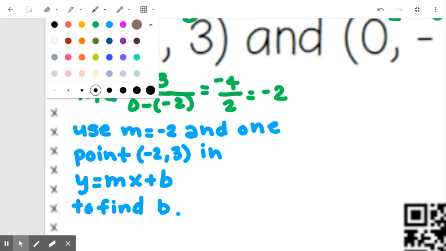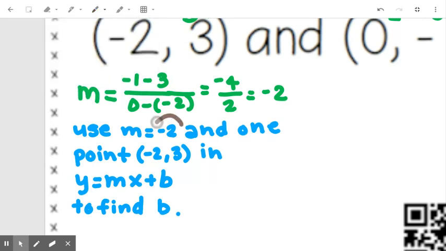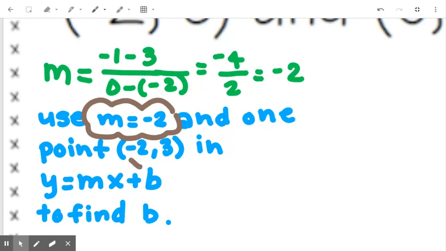Once I find my y-intercept, then I can write my equation. There's my slope. The second thing I know is that this is an x and that is a y. So in this equation, I have an m, I have an x, and I have a y that I can fill in.